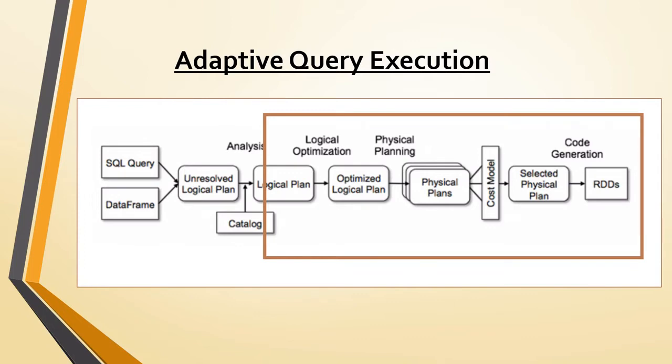So adaptive query execution is an optimization technique in Spark SQL that uses runtime statistics to choose the most efficient query execution plan. Instead of going through all these things, based on the runtime statistics, adaptive query execution will choose the query execution plan, and it will send that to the bytecode code generation, and to the scheduler for the compilation.